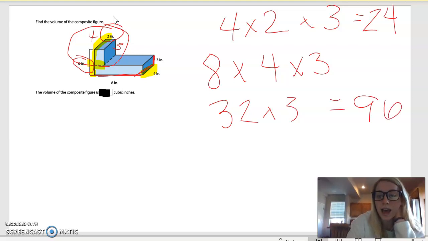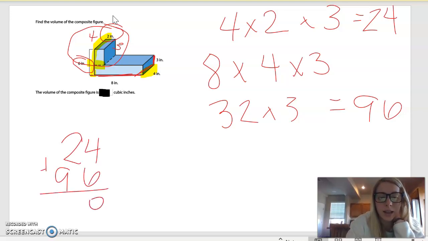So now we have to add those two numbers together, 24 plus 96. That's 10, carry your 1, 9, 10, 11, 12. So 120 cubic inches is our total here.